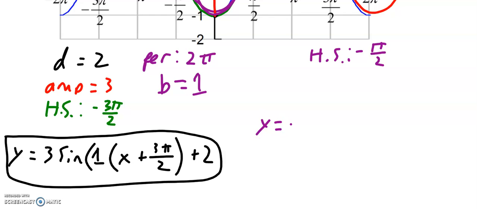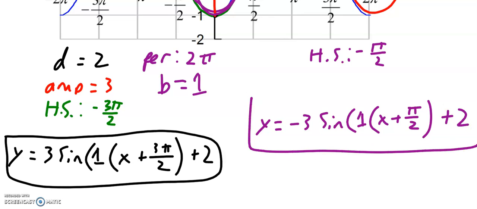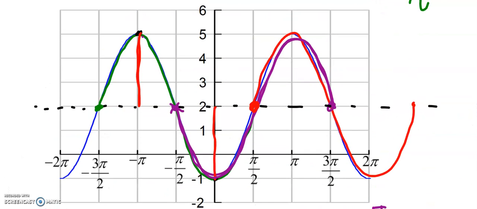So y equals negative 3 sine of 1 times the quantity x plus π/2, and then plus 2. So that is another correct answer. Again, we could have done the shift π/2 to the right. That would be correct as well.